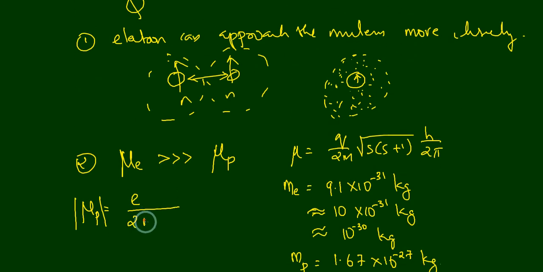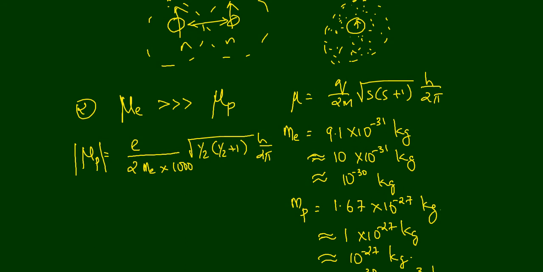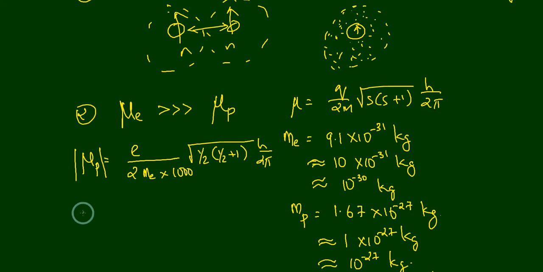So that is Q divided by 2m into root of S into S plus 1. S is equal to half, because the proton's spin is half, into half plus 1 into h divided by 2 pi. That is the absolute value of the magnetic dipole moment of the proton.